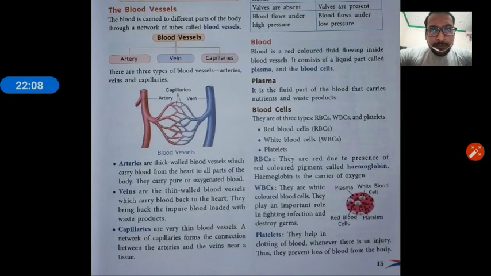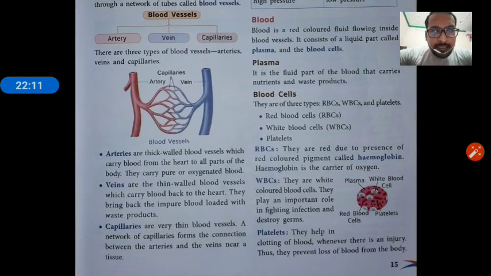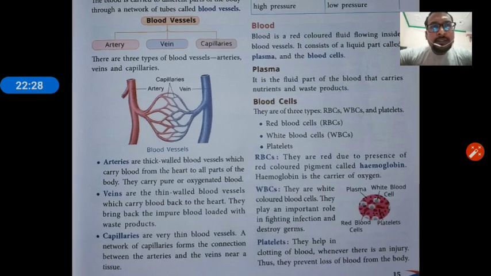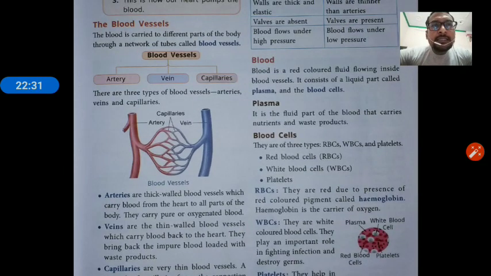This is the function of veins. And the capillaries help in the exchange of oxygen and carbon dioxide, exchange of gases. In short, the artery function is to distribute blood to all parts of the body.